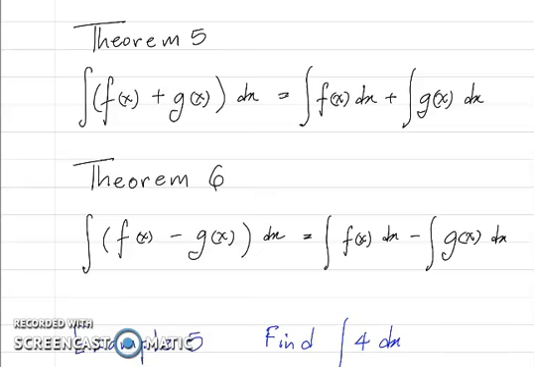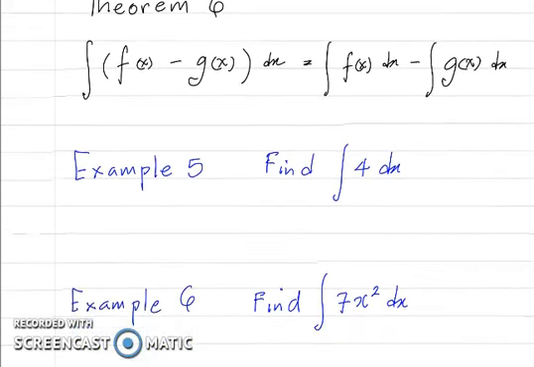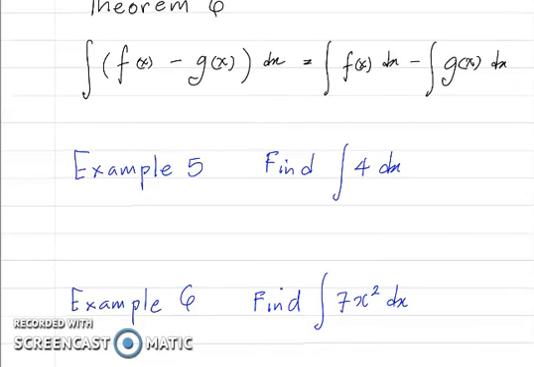All right, example 5. So let's have a little application of the theorems. We're asked to find the integral of 4 with respect to x. If we differentiate 4x plus c, we get 4.